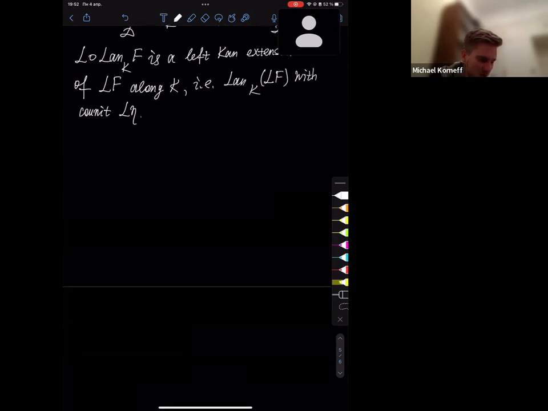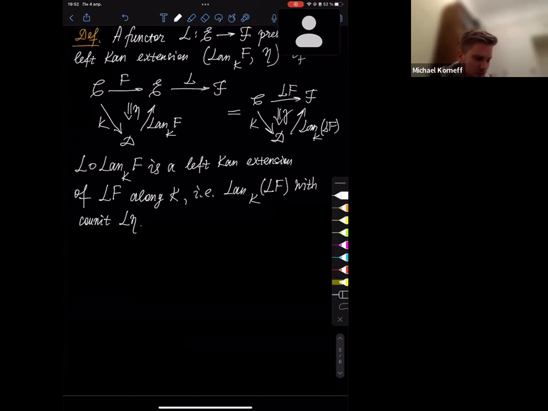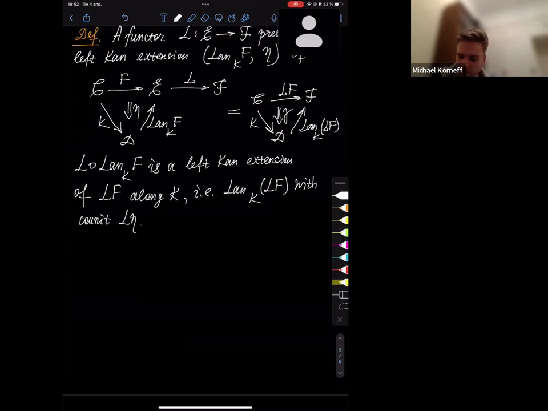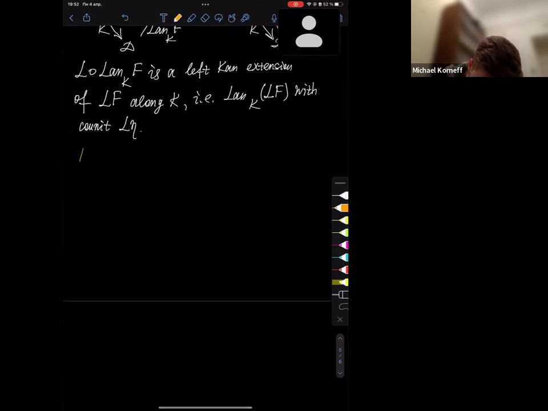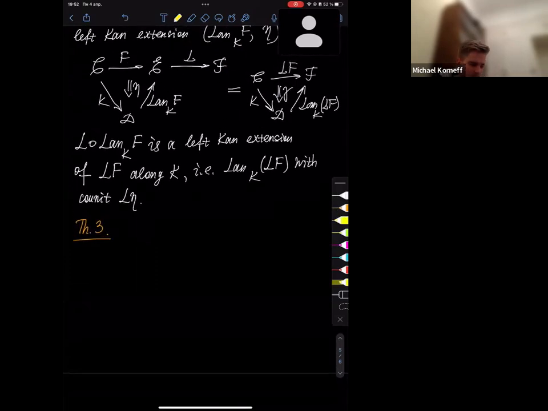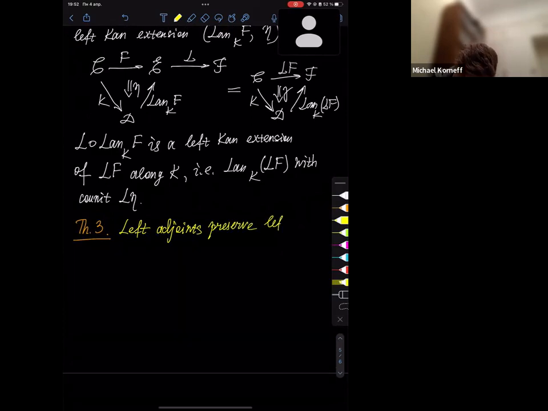Okay, and we want to prove the following interesting theorem, which says that left adjoints preserve left Kan extensions.